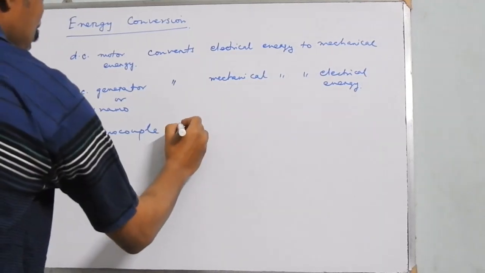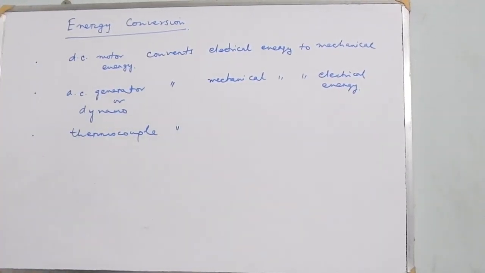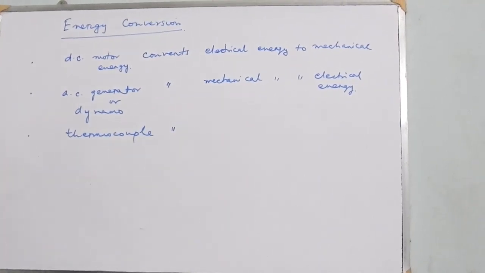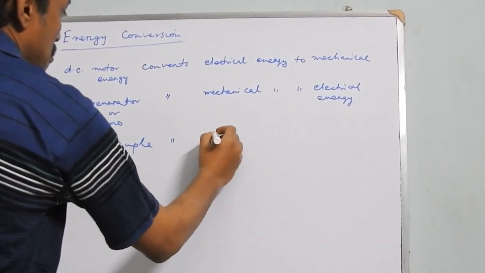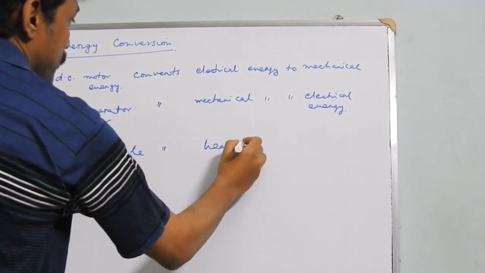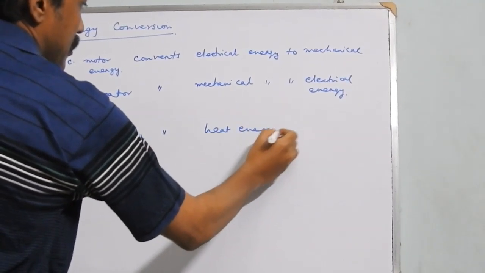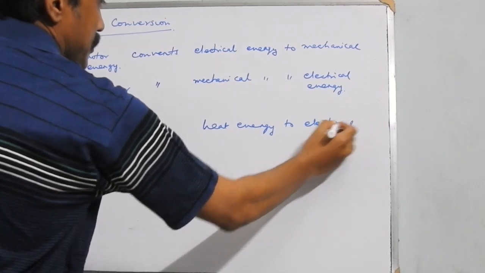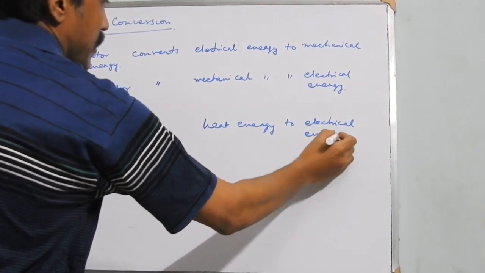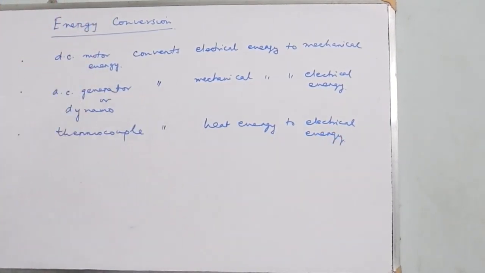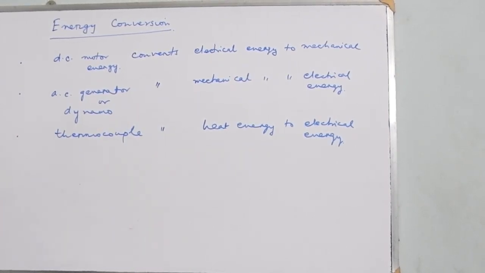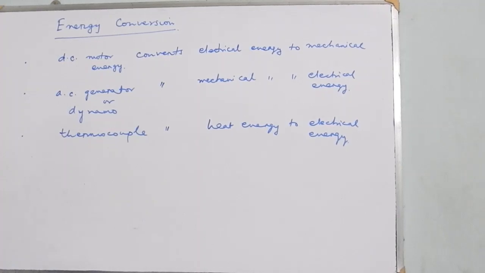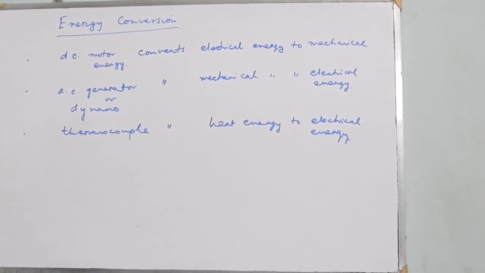This thermocouple is probably the only example where we realize the conversion of heat energy to electrical energy. You will get several examples where electrical energy is converted to heat energy, but for conversion of heat to electrical, a thermocouple and a thermopile are the only examples.